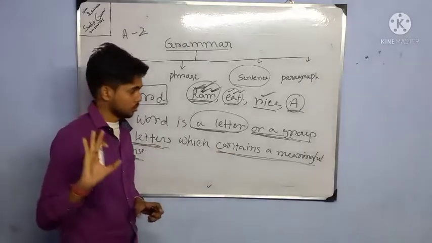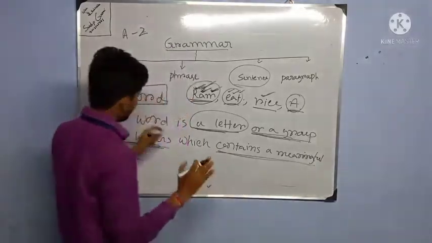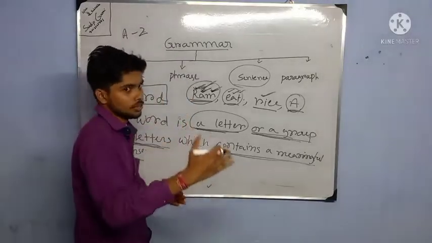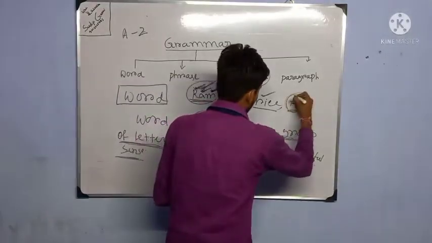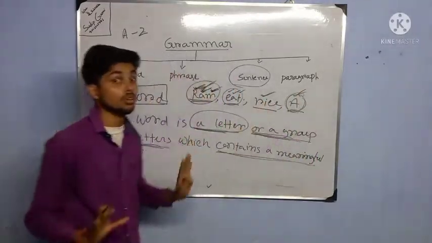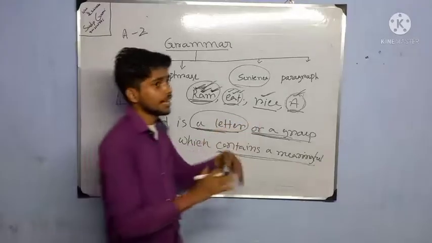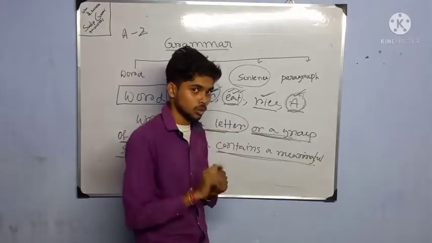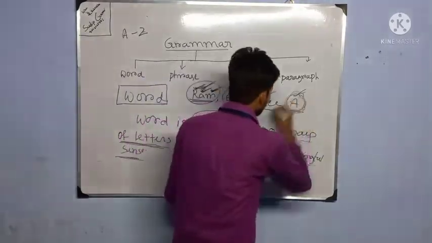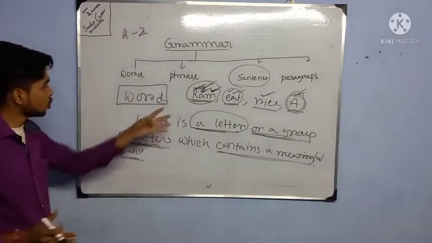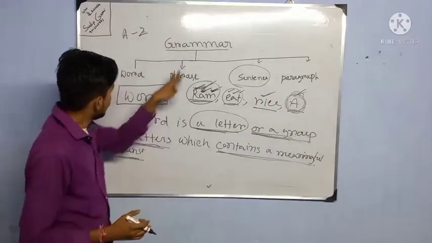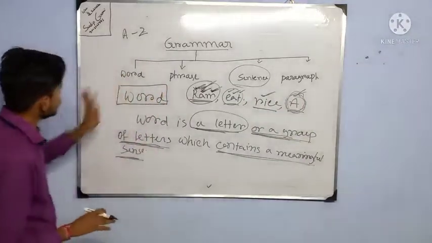No, it is not right. A word can be an individual letter, like A. A has a meaning or not? This is the most important thing. A means a quantity, only one. That's why A is also called a word. So I think you have got my point.